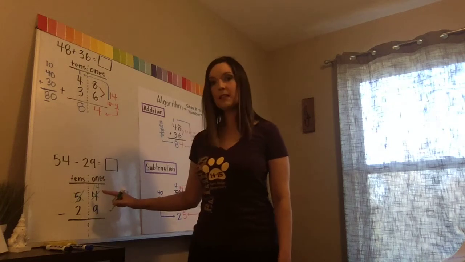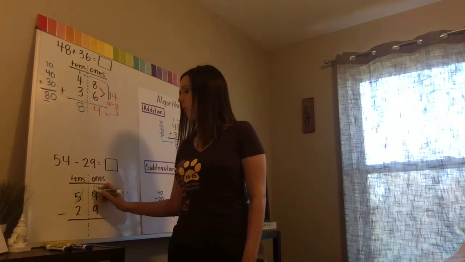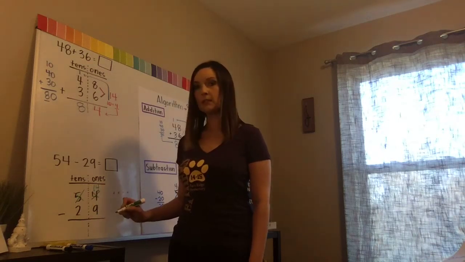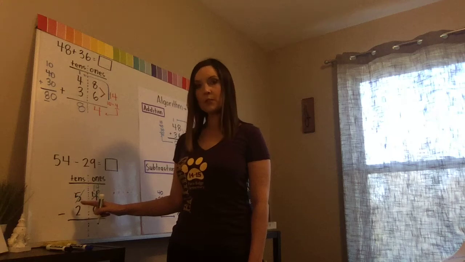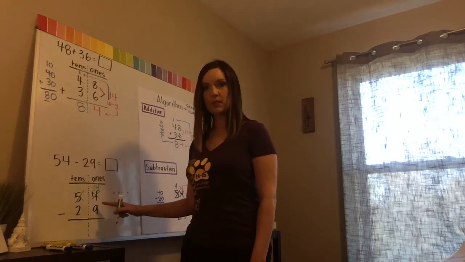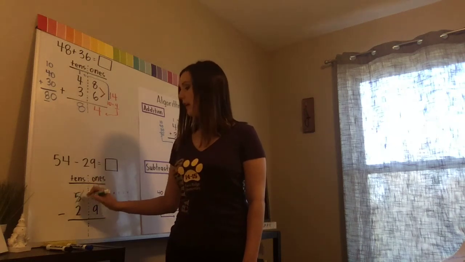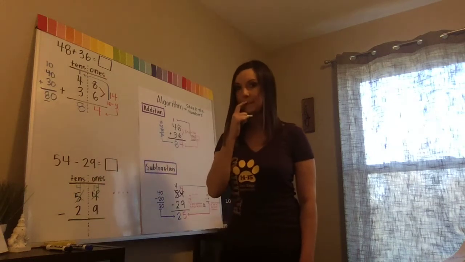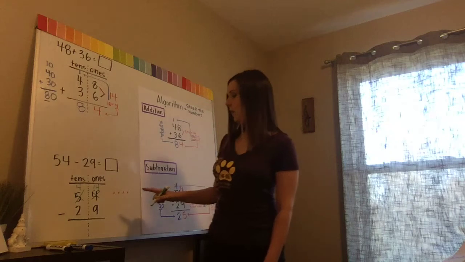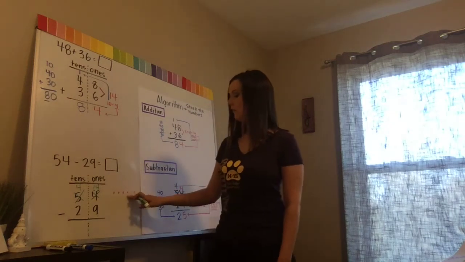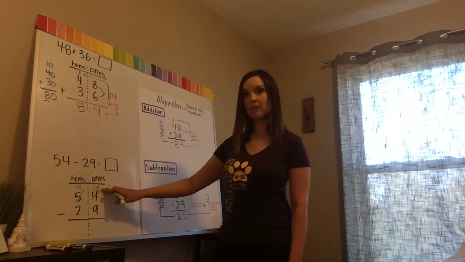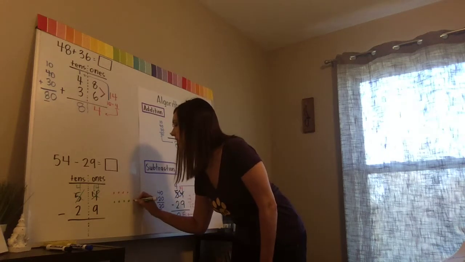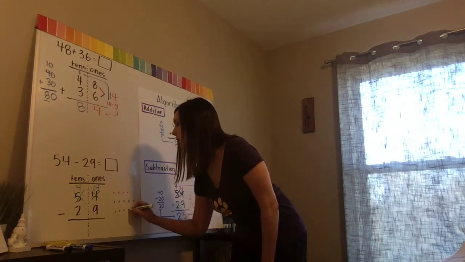I represent that with 1 group of 10 and 4 ones for a total of 14. Because I moved a group of 10 from my tens column to my ones column, I no longer have 5 groups of 10, I now have 4 groups of 10. Now, instead of having 4 ones, I have 14 ones. So I'm going to add 1, 2, 3, 4, 5, add 10 more ones.